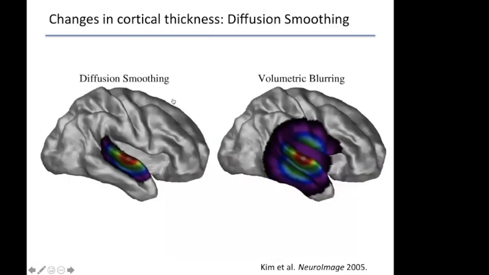So one of the things we always do before we run our stats, and in some cases it's controversial, in some cases it's not, I'm happy to talk about this later on too, is you need to apply some sort of smoothing. So in Civet, I believe the default is a 20 millimeter smoothing kernel, which basically just means a weighted average based on some sort of coordinate system.